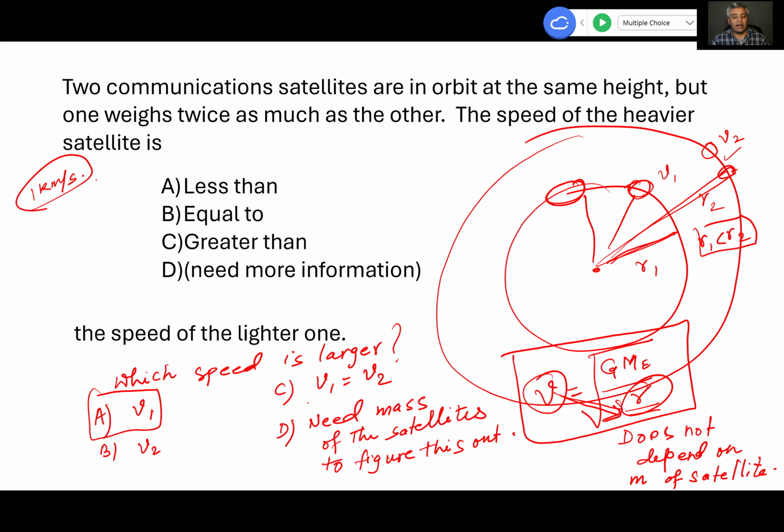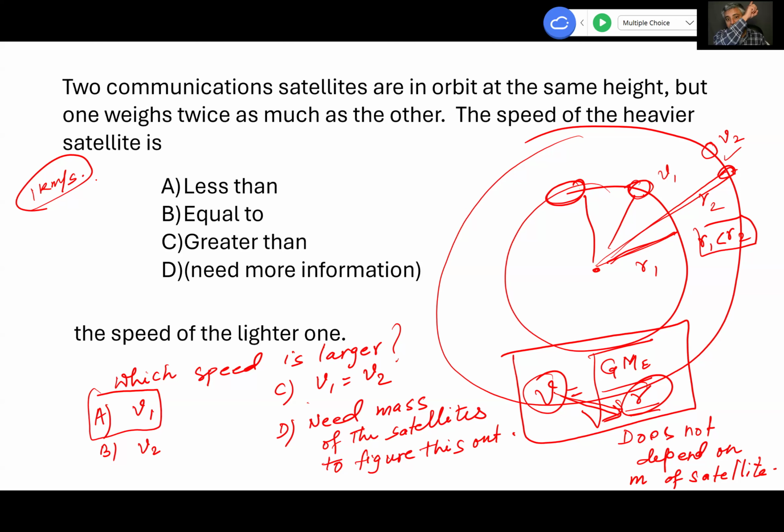Let's suppose we have something really strong, Hulk-like, that can throw an object from the top of a mountain, very close to the Earth's surface. If it is going around the Earth at that distance, very close to the surface, the speed of that object is going to be 8 kilometers per second.